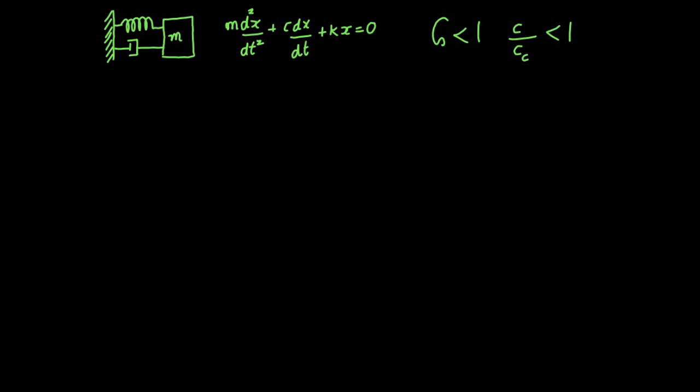If you solve the governing differential equation for that case, the response, that is the displacement of the mass at any instant of time, as the mass moves to and fro, is given by capital X into e raised to the power minus zeta omega n t into sine of omega d t plus phi, where omega d stands for the damped frequency in radians per second.